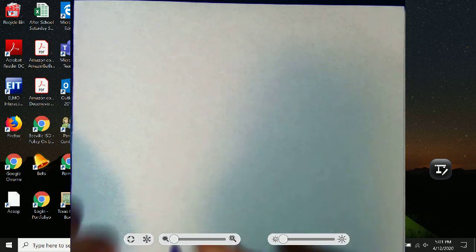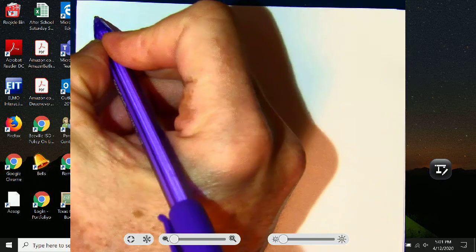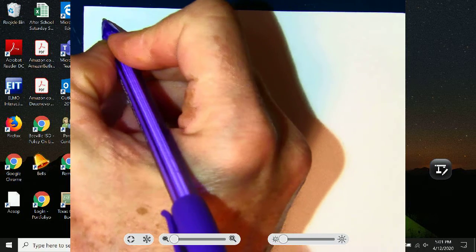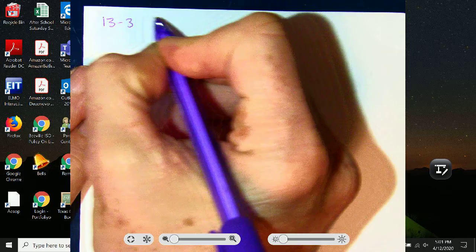All right, let's do one more example here. If you're following it in the book, it's example 13.3.